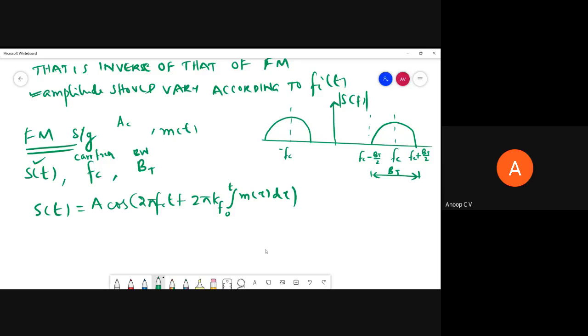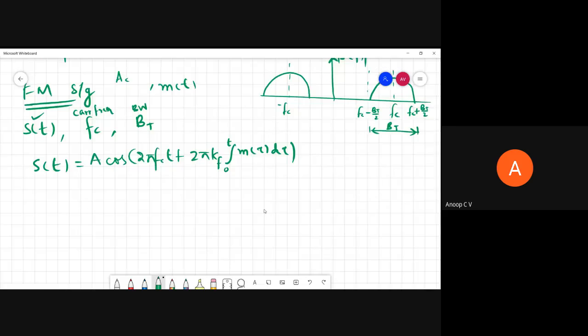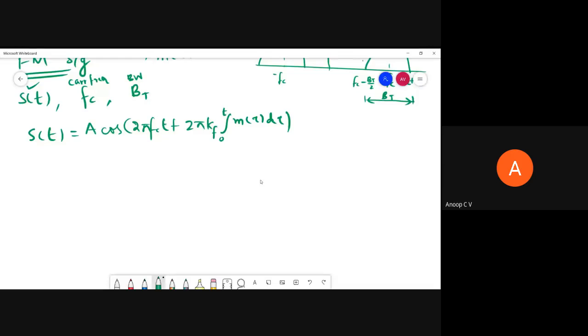Now we'll see what exactly the direct method is. In a nutshell, the very simple thing is that FM will be converted to a hybrid sort of signal. When I say hybrid, it will have AM plus FM.